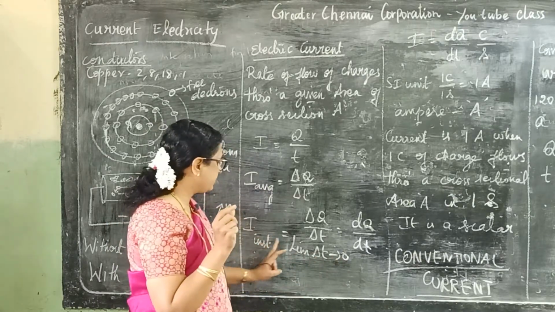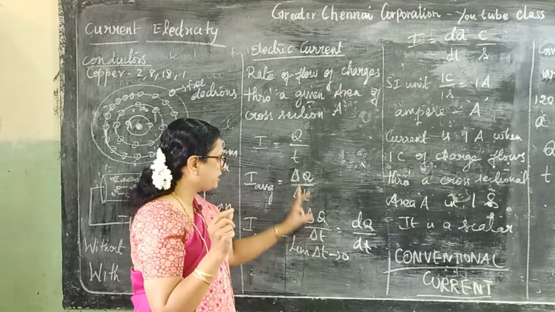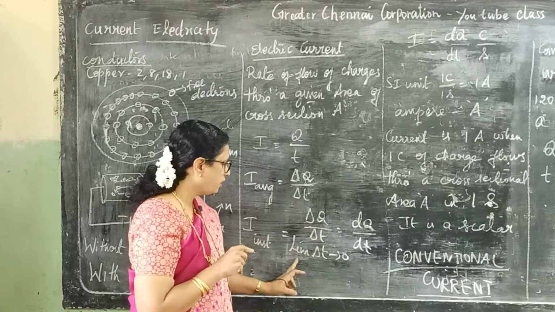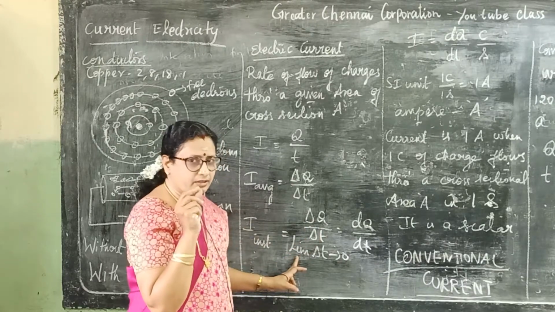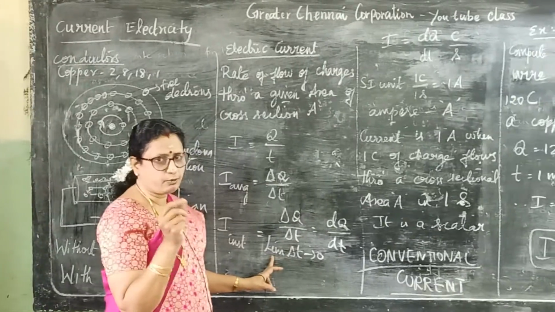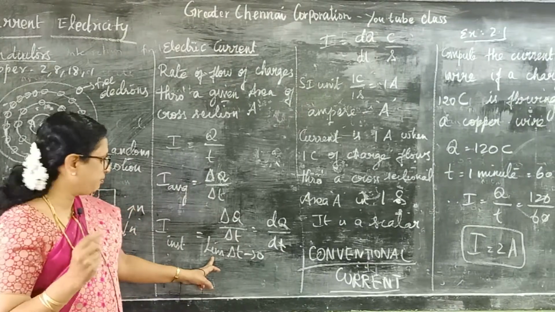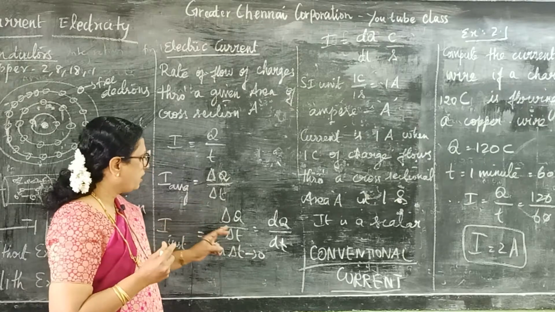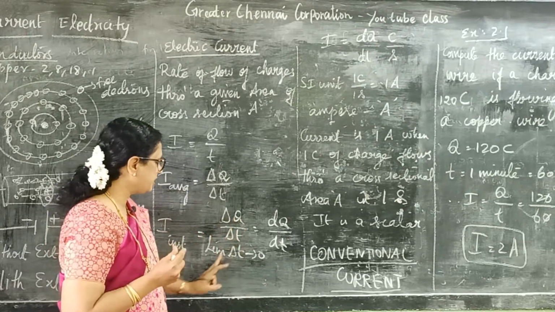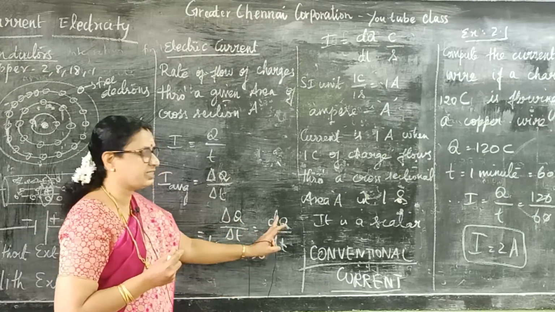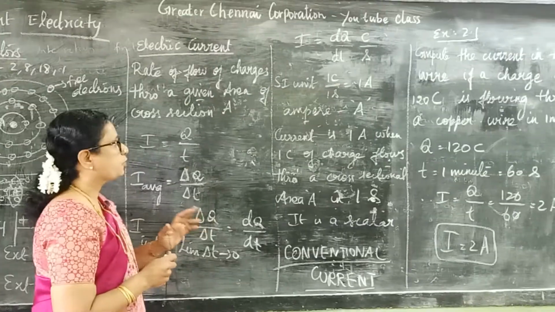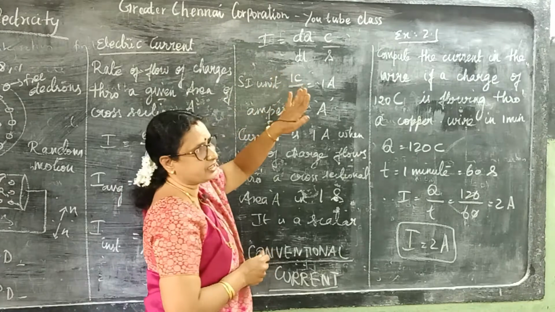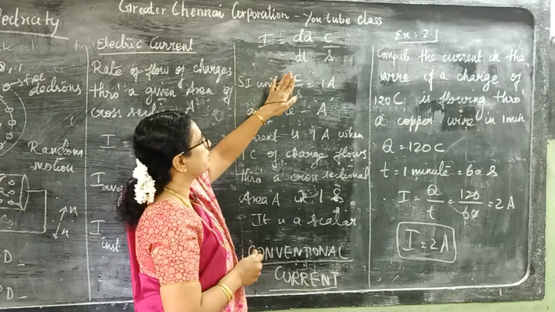So I instantaneous is equal to del Q by del T, the previous equation, with the limit del T tends to 0, which is written as dQ by dt. So the expression for electric current I is dQ by dt.